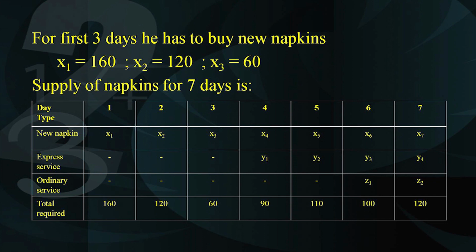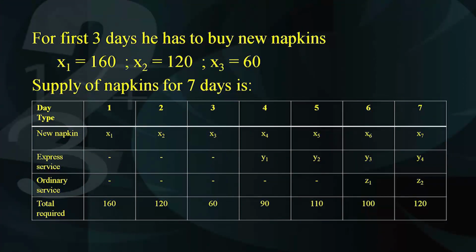All these decision parameters, that is Xi's, Yi's, Zi's and Vi's, should be greater than or equal to 0 and they should be integers. Now, let us look at what happens during each of the days.